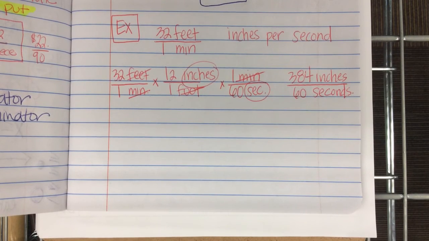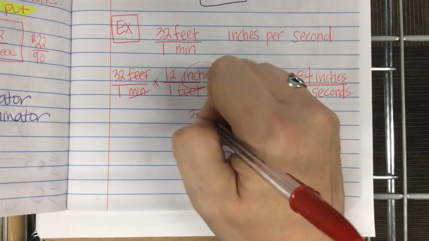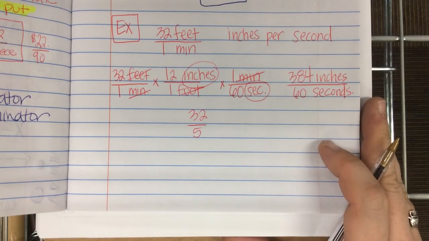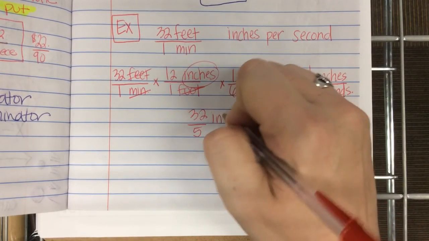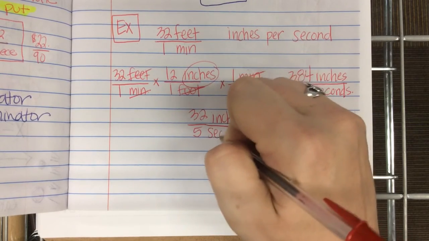I mean, it could be, but we have to simplify. So I again would type it in your calculator. I got 32 over 5. 32 what? In what? 5 seconds.